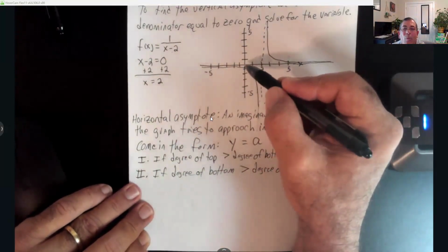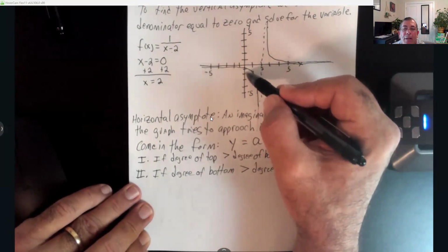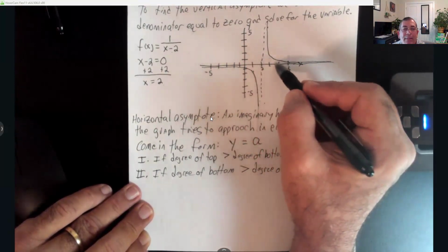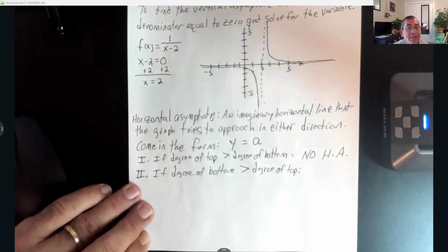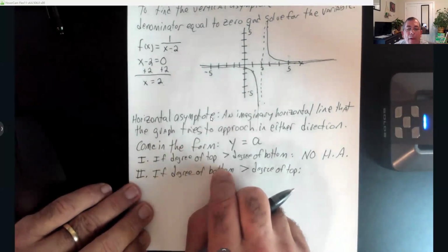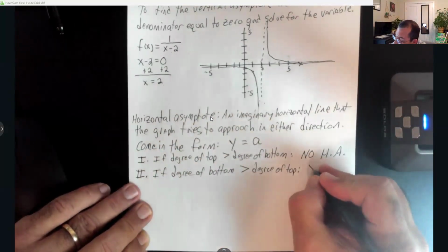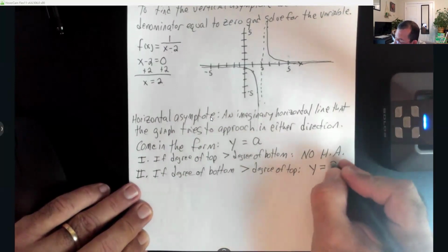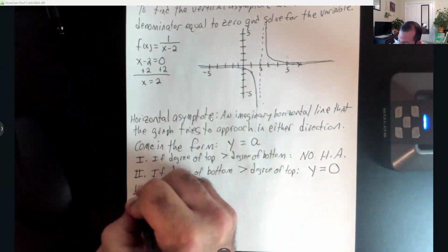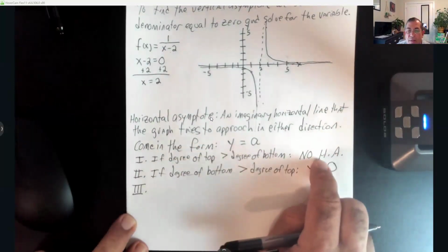Oh, y'all look here. Y value 1, 2, 3. Y value -1, -2, -3. What's that y value right here on that x-axis? Well, that is 0. So if the degree of the bottom is greater than the degree of the top, then it'll be y equals 0. All right, so I had a case if the top was greater, no asymptote.